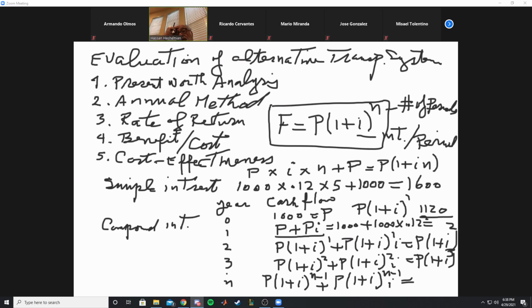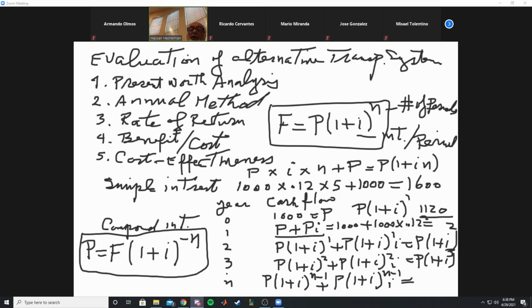Now, from that formula, we can find the present amount. So if you want to find the present amount, you multiply the F by (1 plus I) to the power of minus n, which comes from the same formula. So this shows you the present amount if you have the future amount.